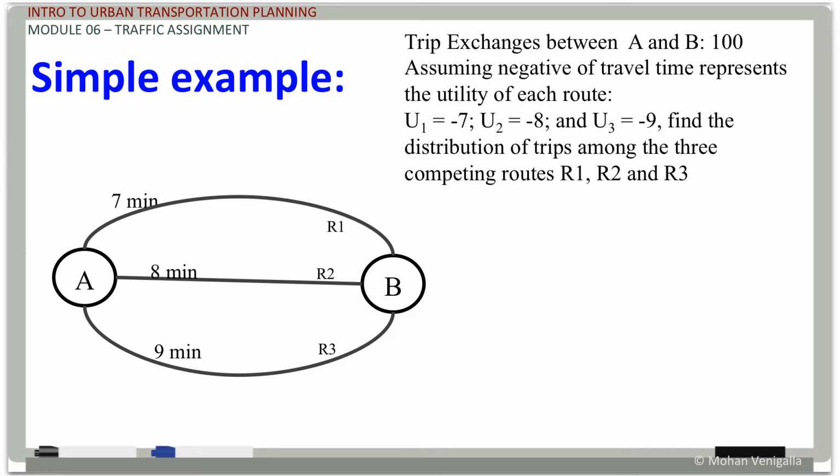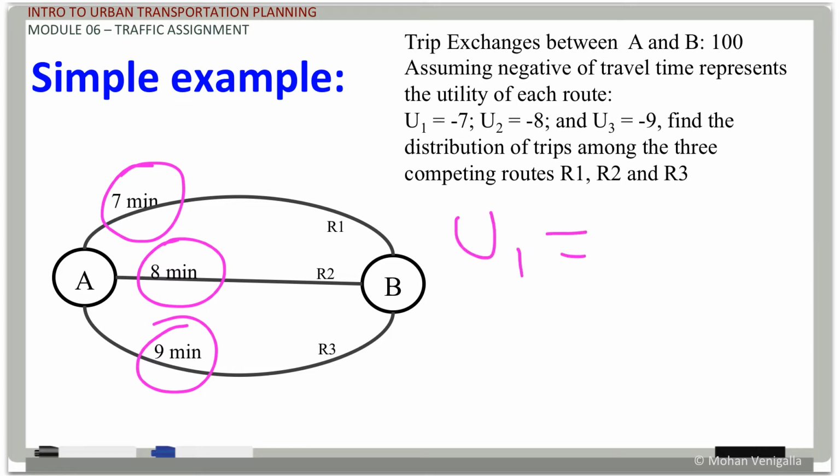Here's a simple example. A to B, 3 routes, with travel times of 7 minutes, 8 minutes, and 9 minutes: route 1, route 2, route 3. The simplistic assumption is that U1, the utility of route 1, is the negative of its travel time. Why are we putting a negative value?